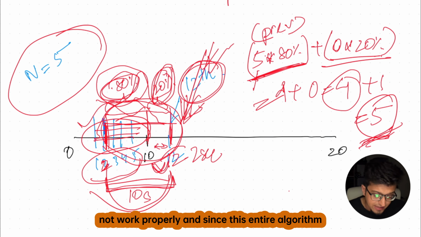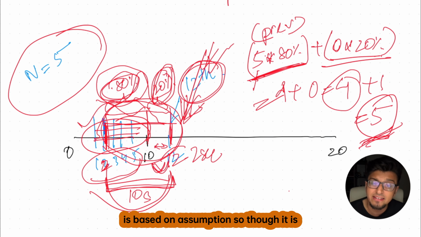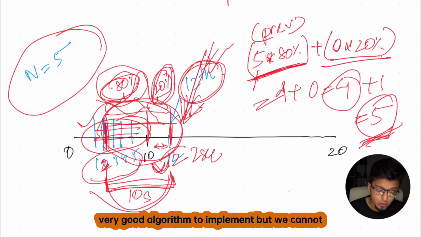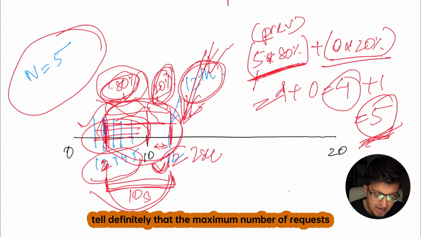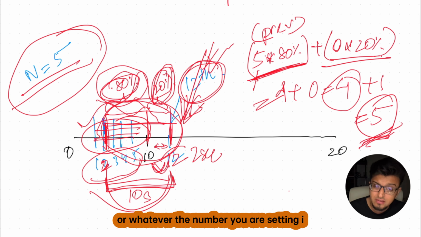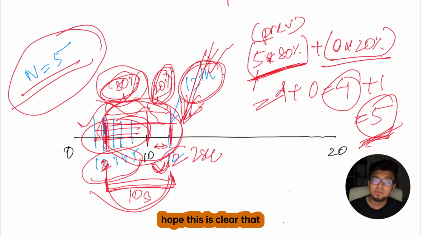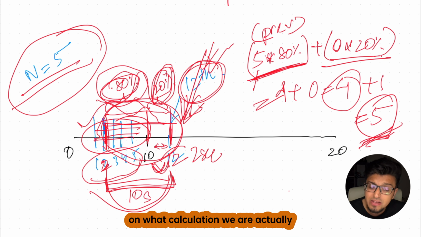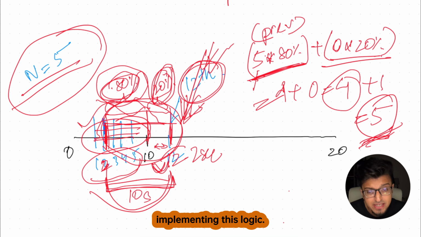Since this entire algorithm is based on assumption, though it is a very good algorithm to implement, we cannot tell definitely that the maximum number of requests we are allowing will always be 5, or whatever number you are setting. I hope this is clear on what calculation we are implementing this logic.